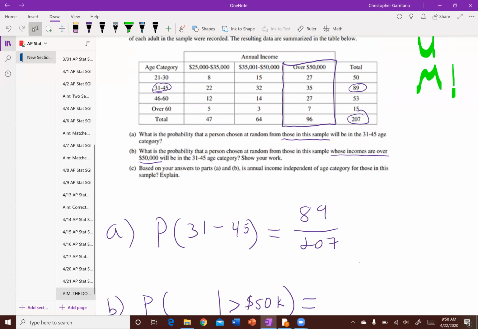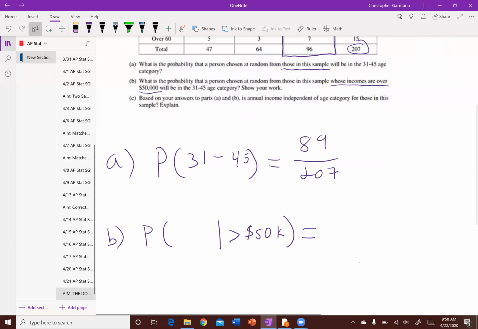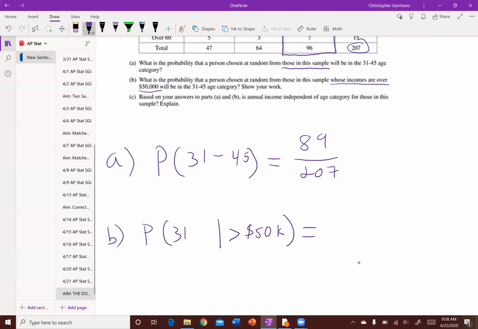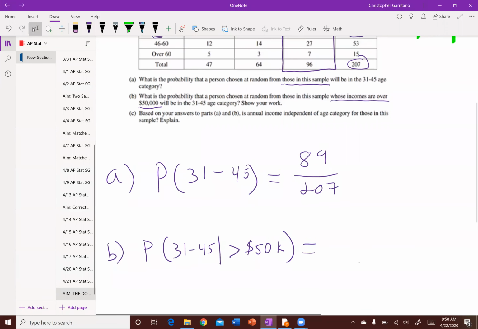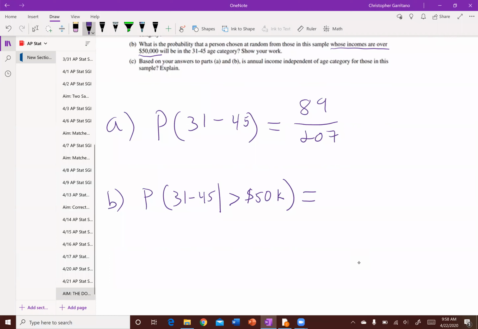So we want to say the probability of 31 to 45 given you make above 50K. All right, well, this means we need to find the probability of 31 to 45 and above 50K. And then we have to divide by the probability of 50K.